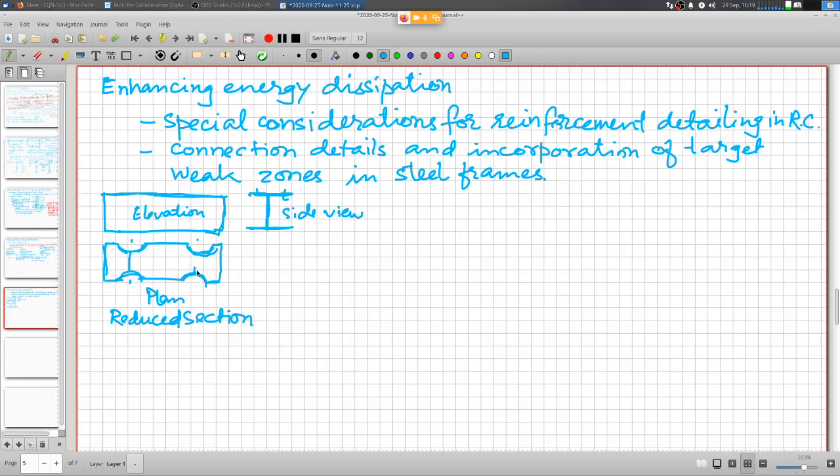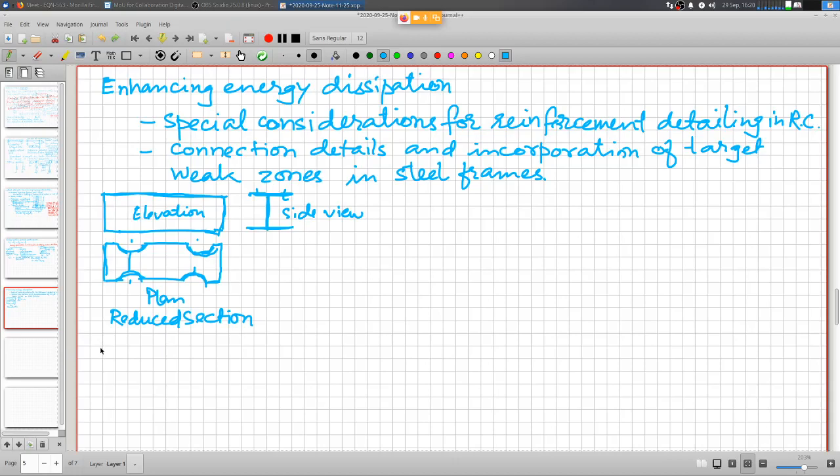You can just cut off the appropriate segment from the flange with a flame cutter, and use that reduced beam section as a beam in the steel frame, right? So this is how it is done. So the essential requirement is enhancing energy dissipation.